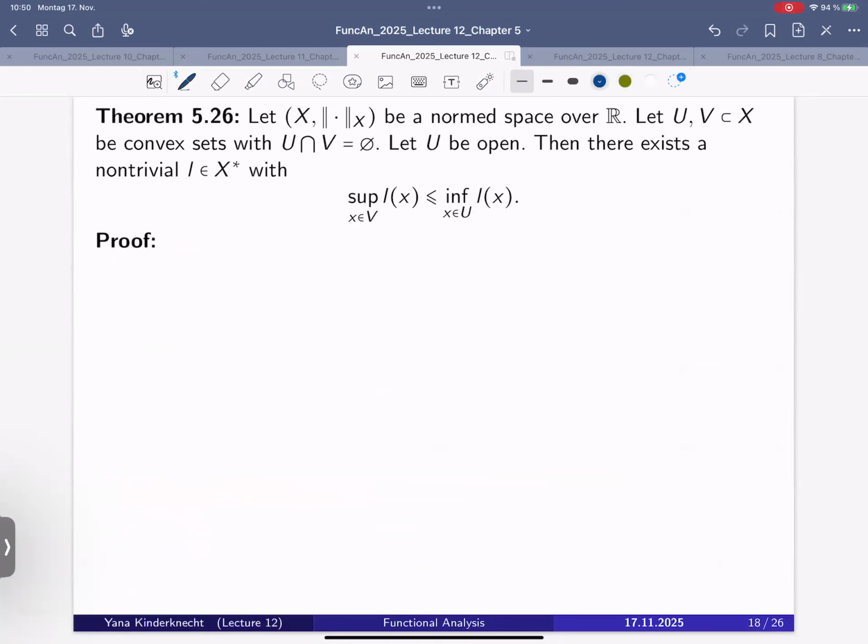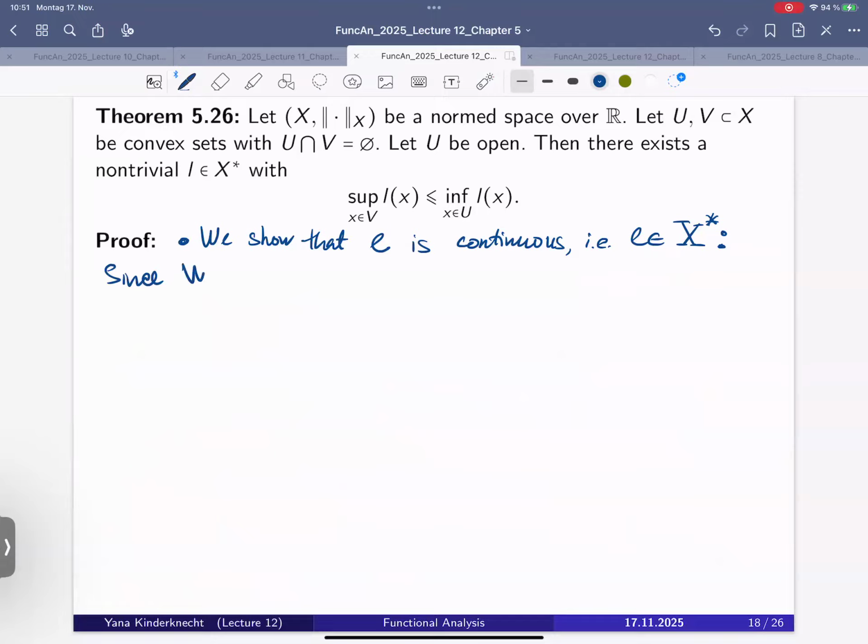So now we show that this L which we have constructed is continuous. That is, we show that L belongs to this space, the topological dual, not only the algebraic dual. So how do we show it?